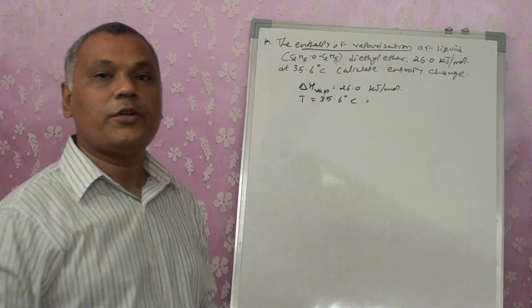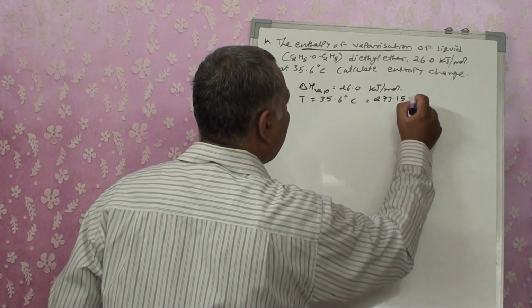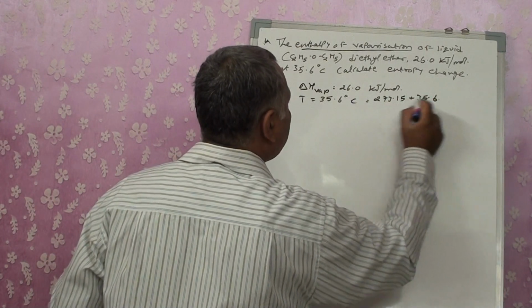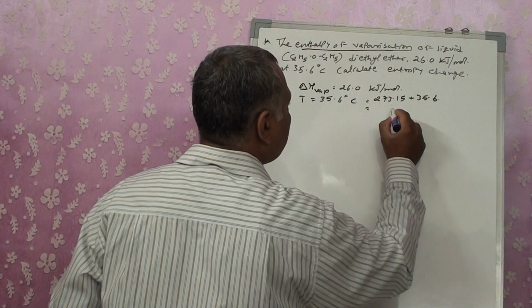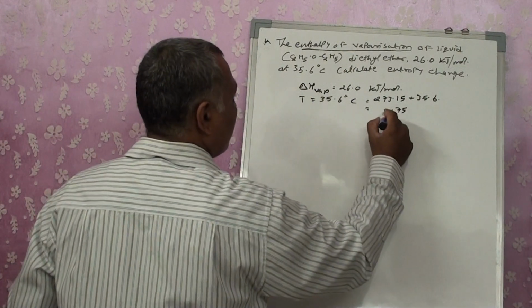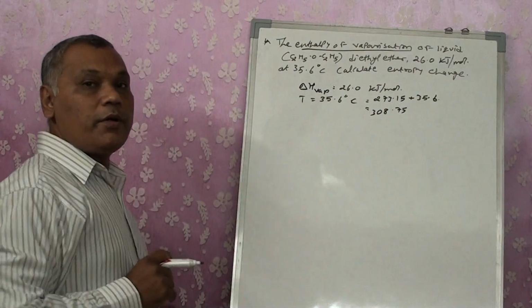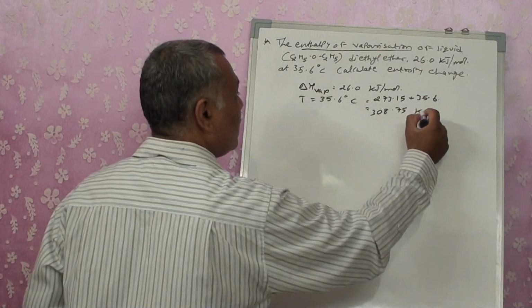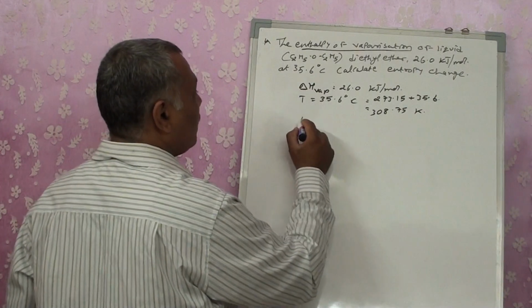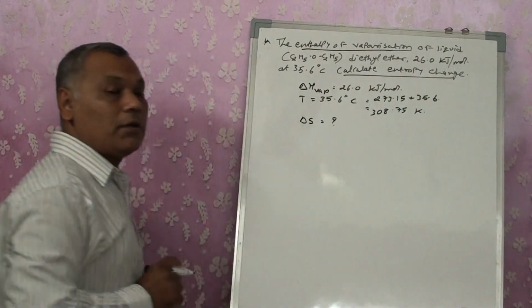We have to always convert it into Kelvin. 273.15 plus 35.6, so we are going to get 308.75 Kelvin.